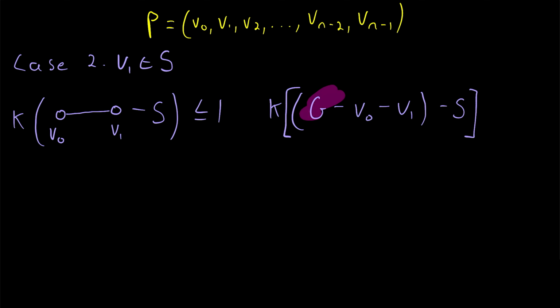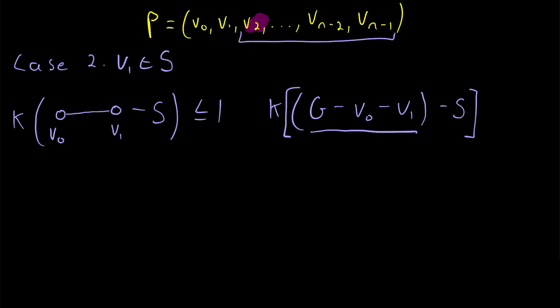So can we apply our induction hypothesis to this graph, G minus V0 minus V1? Indeed we can, because of course it's got fewer vertices than G does, since we've deleted two vertices from it. And G minus V0 minus V1 has a Hamiltonian path, because the part of our original path P from V2 to Vn minus 1 is a Hamiltonian path of G minus V0 minus V1.